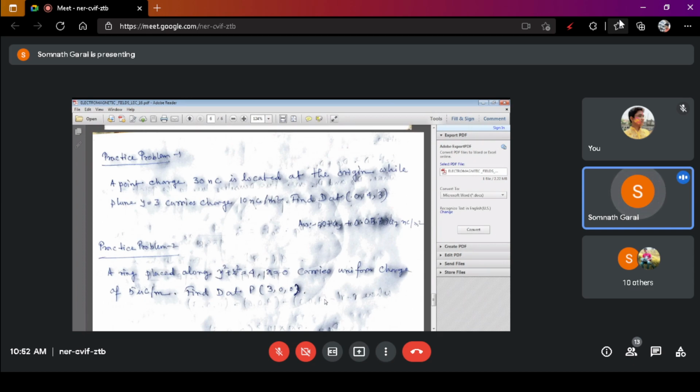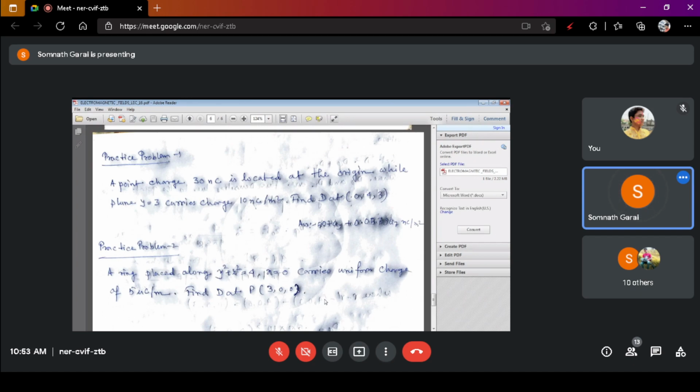A point charge whose value is equal to 30 nanocoulomb is located at the origin, 0,0,0. And the plane y is equal to 3 carries a charge density rho S equal to 10 nanocoulomb per meter square.